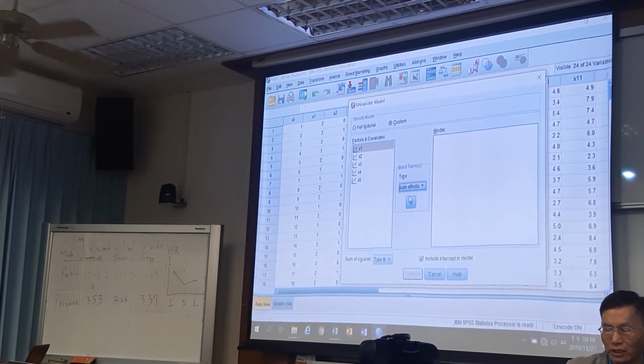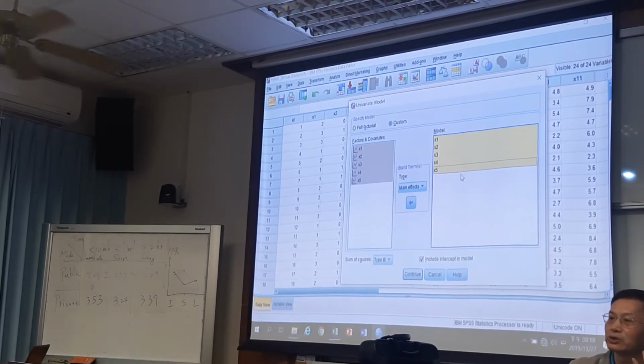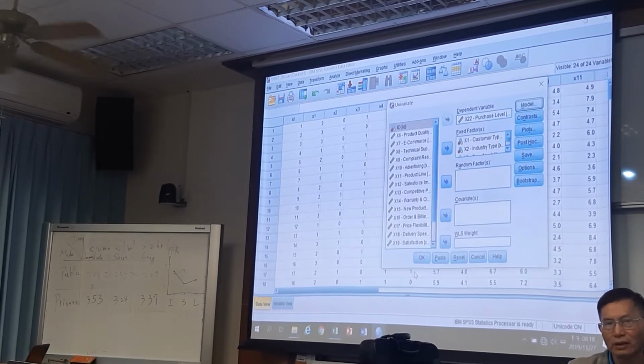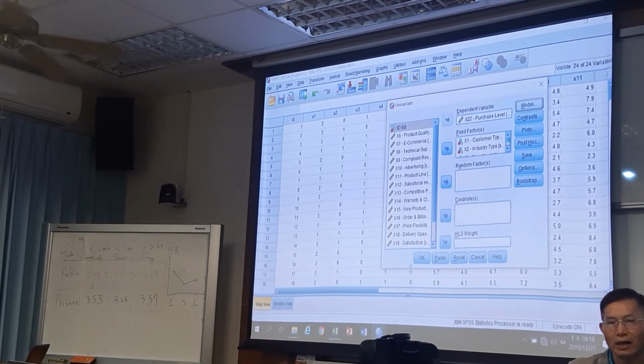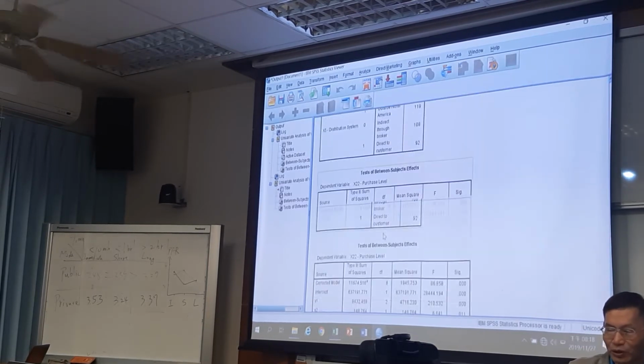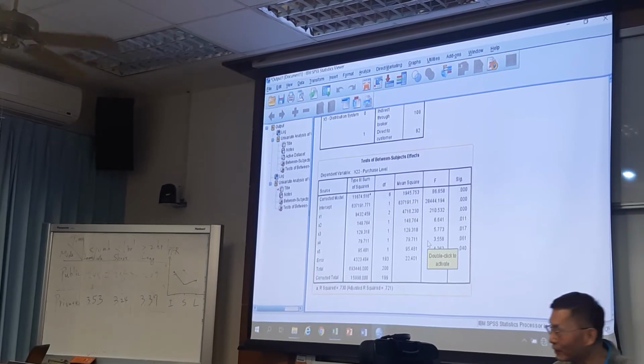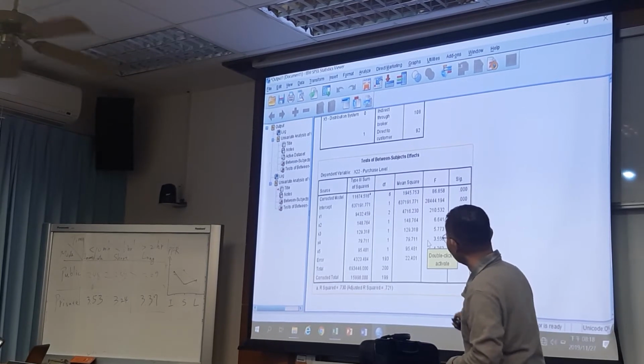So in this case, the first time you specify the main effect only. Then the model will be more complicated. Simple. You see?